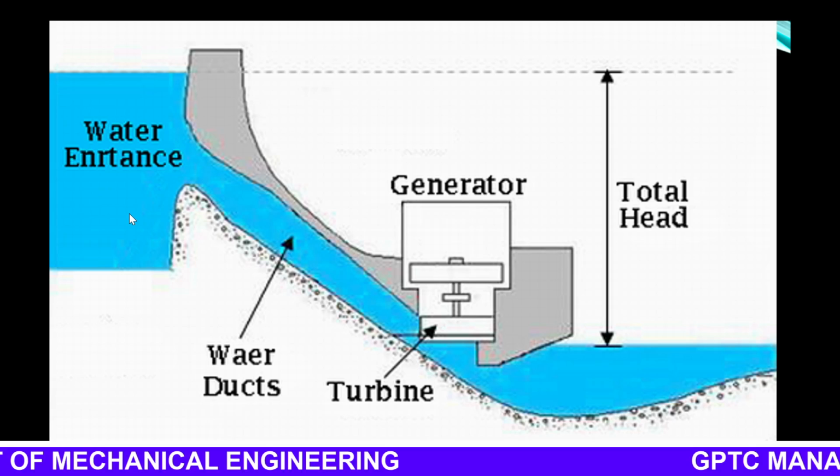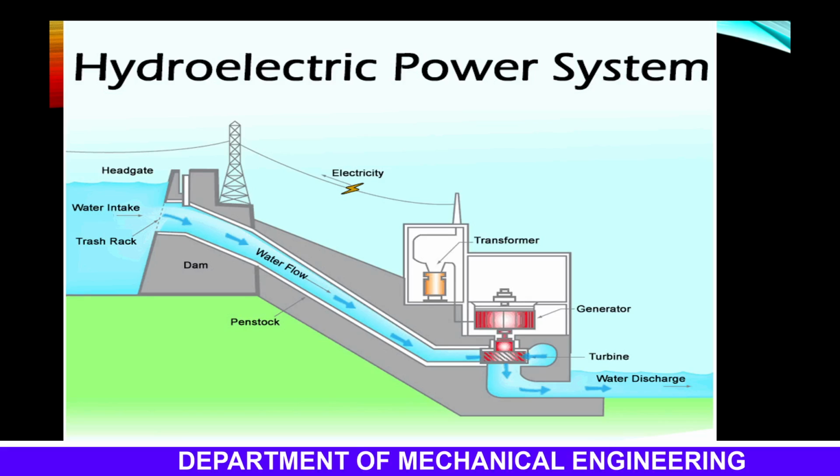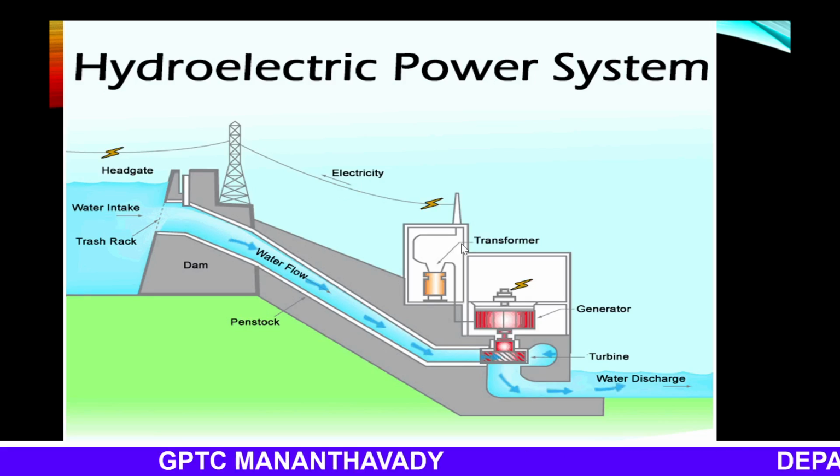This turbine shaft is connected to a generator, and its purpose is to generate electricity. When the turbine shaft rotates, since it is coupled to the generator, the generator works and electricity is produced and transferred to the grid. This is what takes place in the hydroelectric power system.